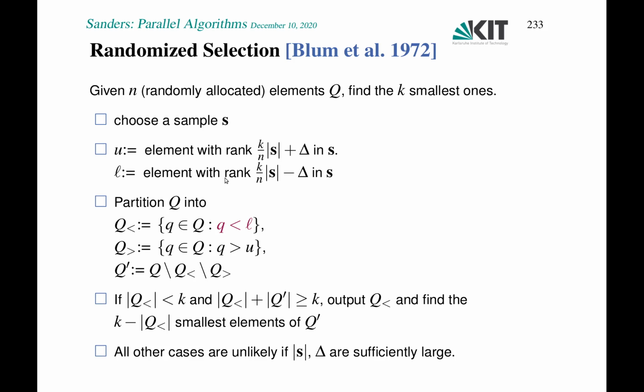So what's missing is the algorithm for selection, and I'm going to exploit here that the elements are randomly allocated to the processors. But I will do a substitution of my notation.